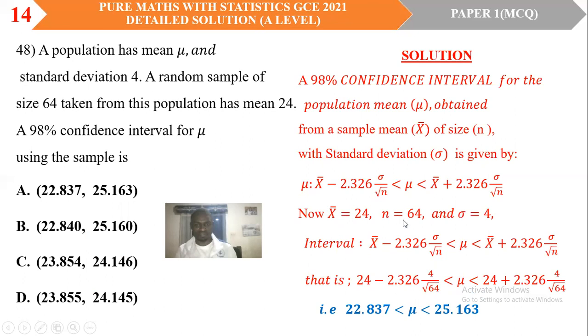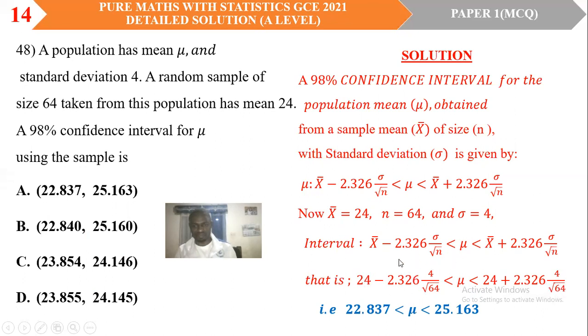The sample size n is 64. The standard deviation is 4. Substituting all these values in this interval, we have that mu will lie between x bar, which is 24 minus 2.326 times 4 over root 64, and 24 plus 2.326 times 4 over root 64.